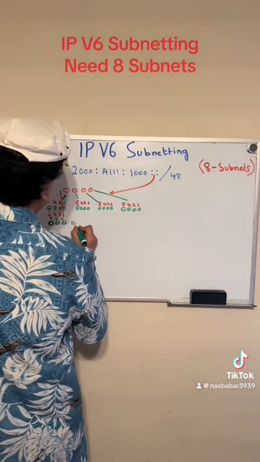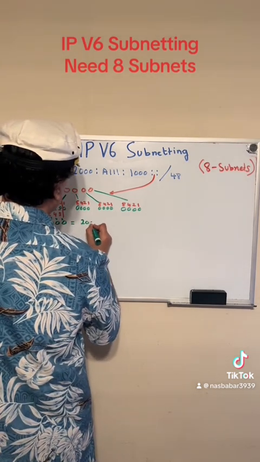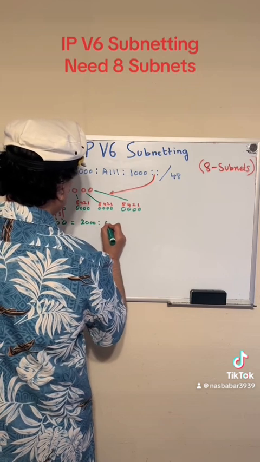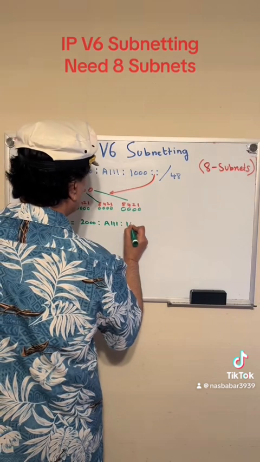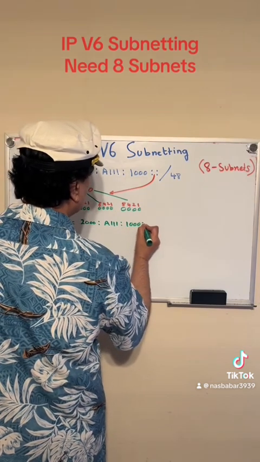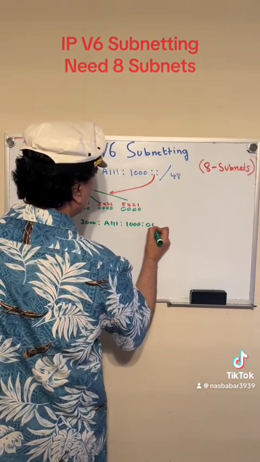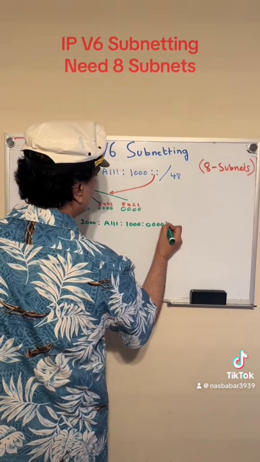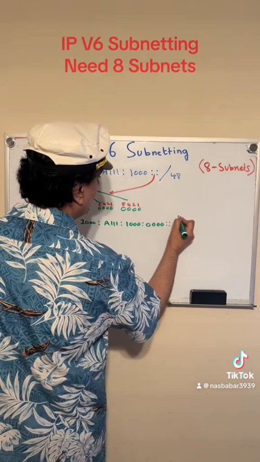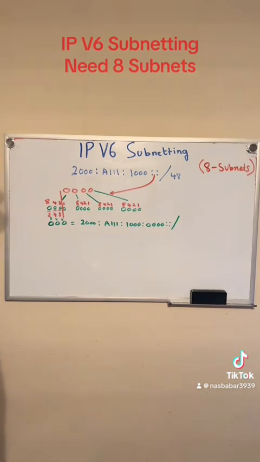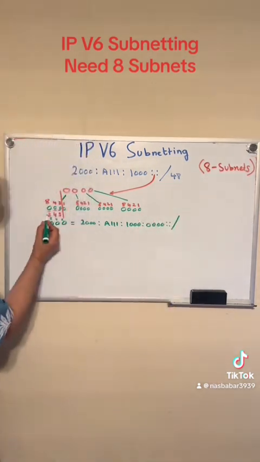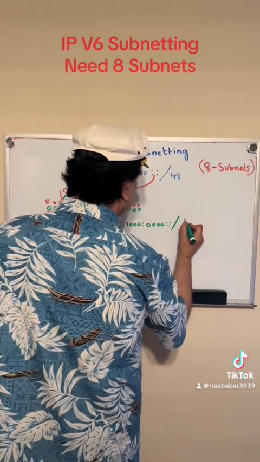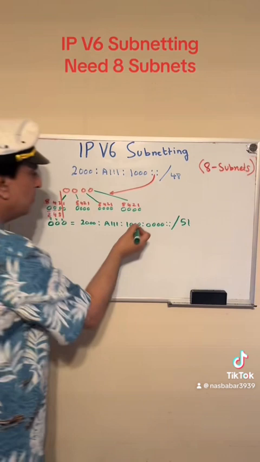So then my first subnet is going to be 2000:A111:1000:0000. And then what is going to be my mask? Any guesses? 48 is the current mask. So I added 3 bits: 49, 50, 51. So it's going to become /51. So this is my first subnet.